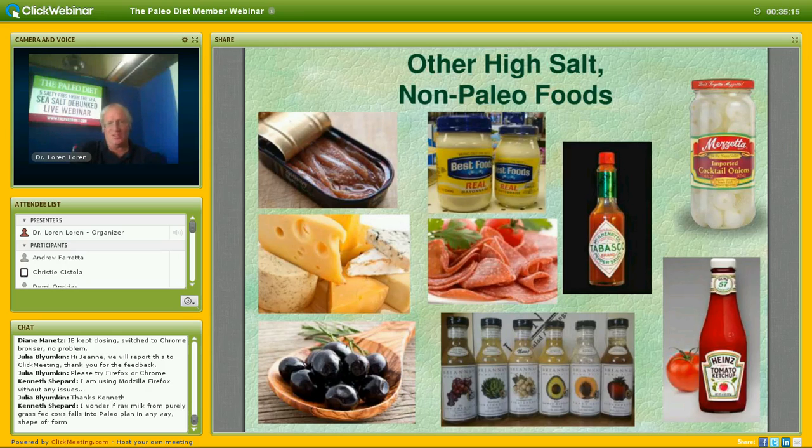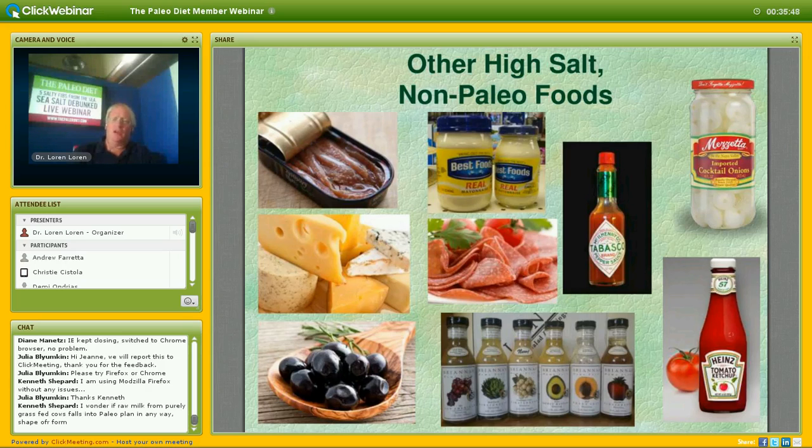Here's some other ones. Anchovies are way salty. The other issues here, like Tabasco sauce, it's certainly possible to make a hot sauce, a Tabasco sauce, without salt, but I haven't seen one on the market. Similarly with mayonnaise. Ketchup can be made without salt or refined sugars, and we actually have recipes on how to make some of these condiments, mayonnaise and tomato sauce, in my books, and hopefully we'll get some bright manufacturers who want to get these foods out for people that are interested.